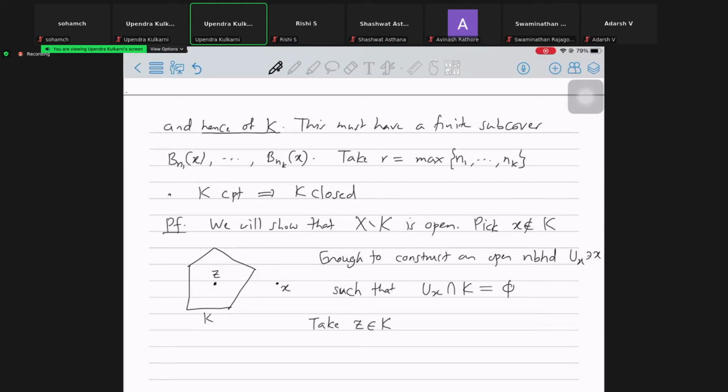Because I want to find finally a single ball around X that avoids all of K. Okay, so I hope that the difficulty is clear to you. So we have to be cleverer. This strategy will work if we do not avoid just Z, but we avoid a neighborhood around Z. This is what we will do.